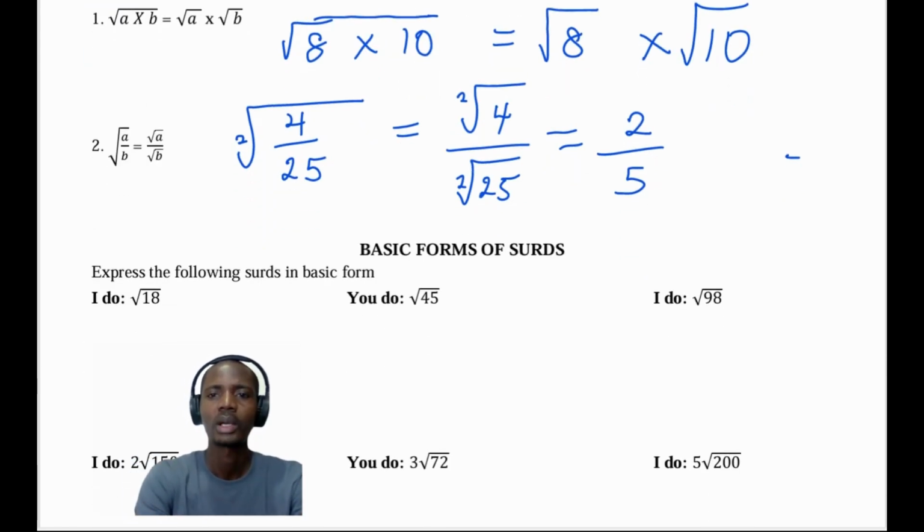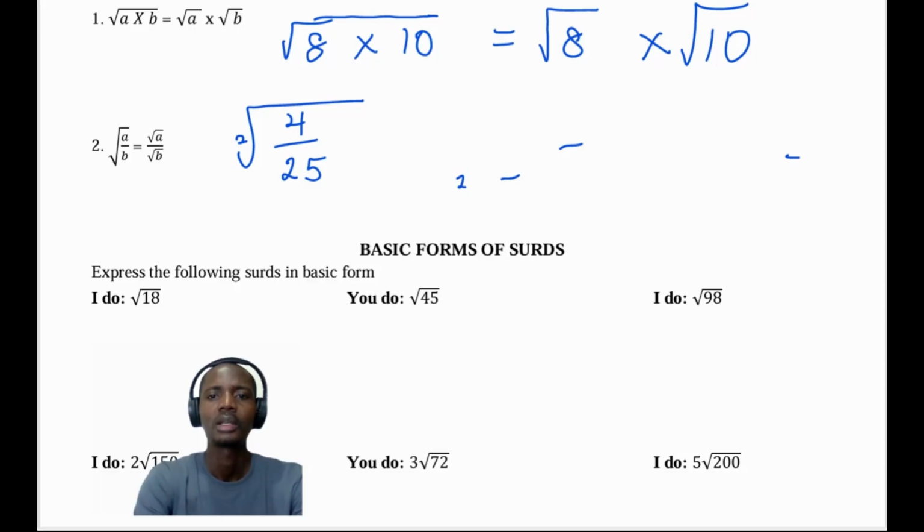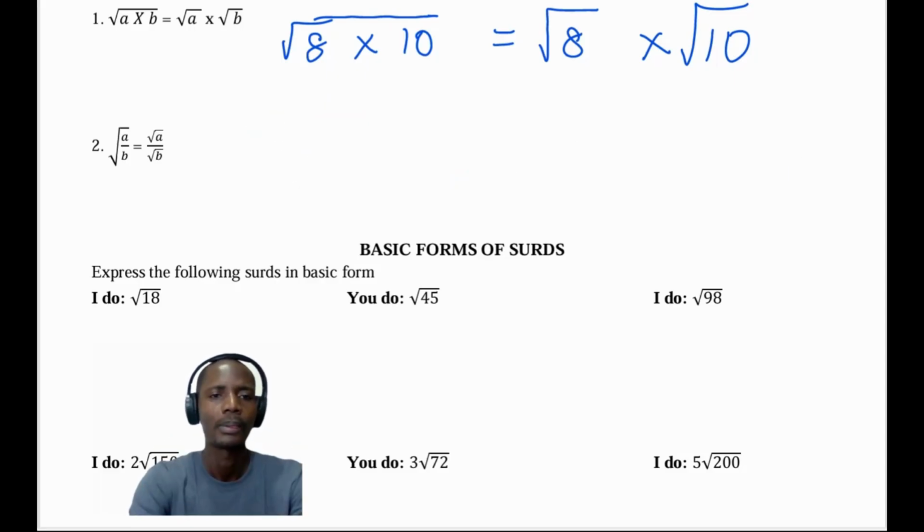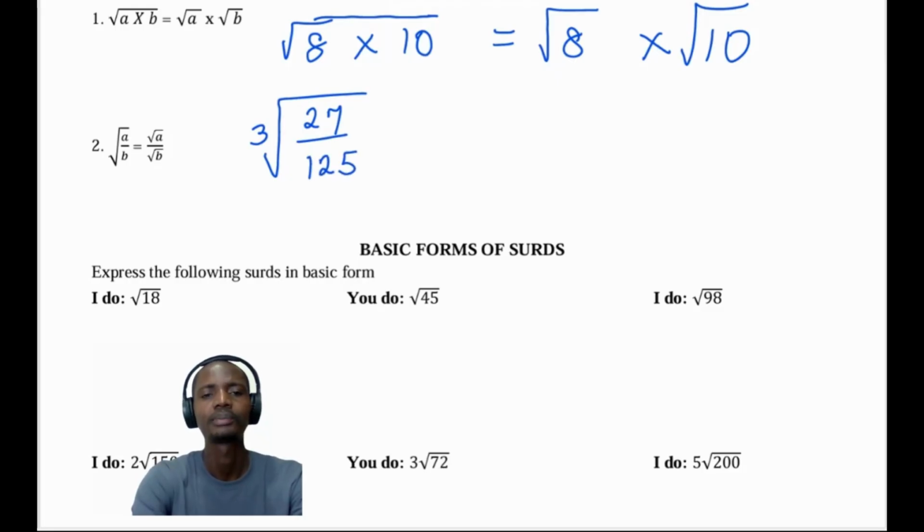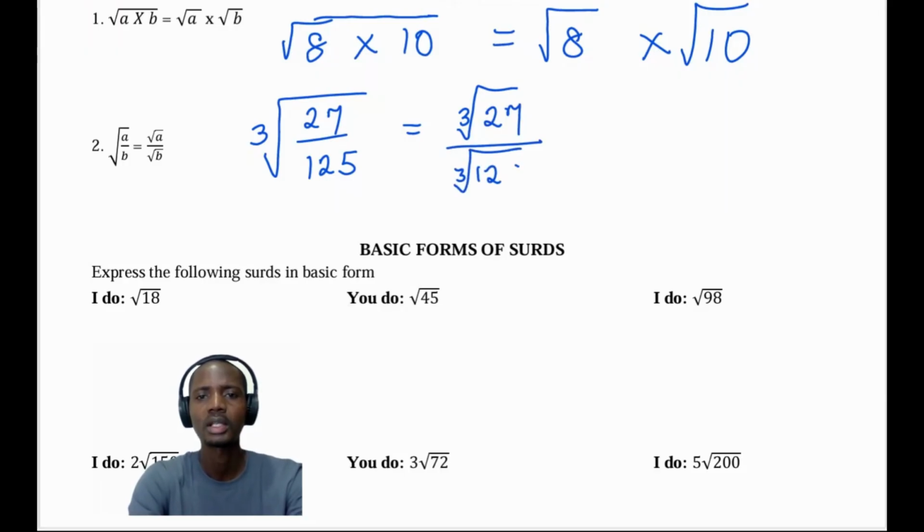Okay, let's take another example. I may have to wipe this. Let me make it a cube root this time around. The cube root of 27 over 125. So we should know that this is the same thing as the cube root of 27 over the cube root of 125.